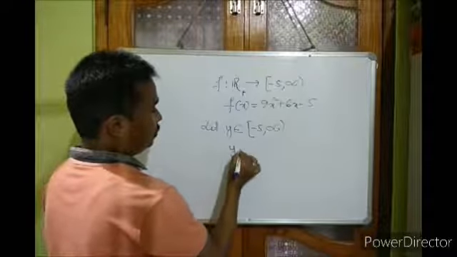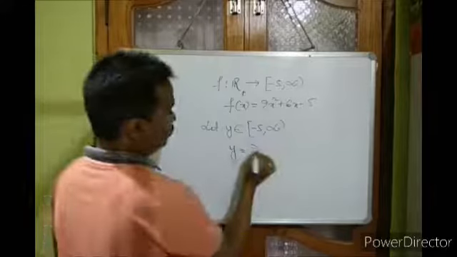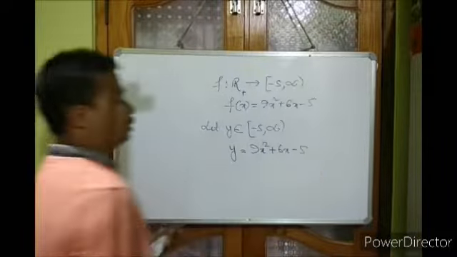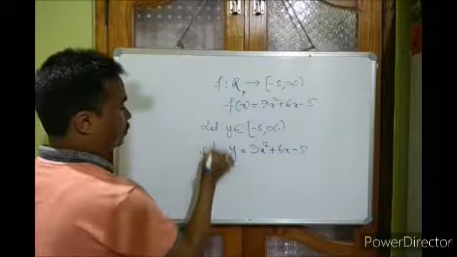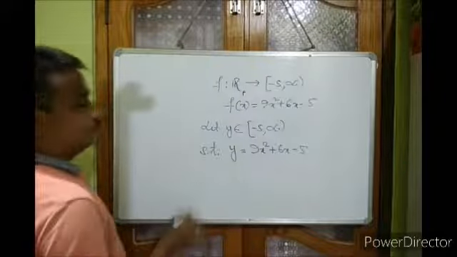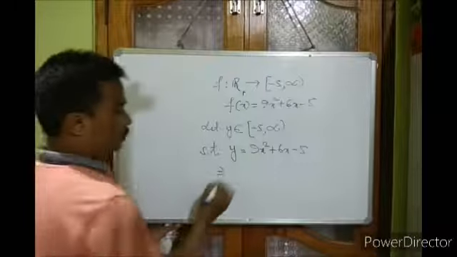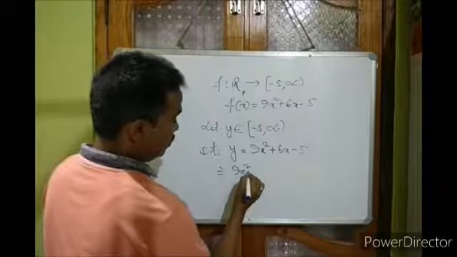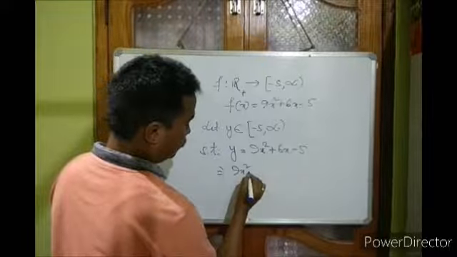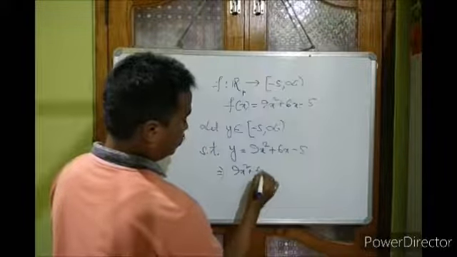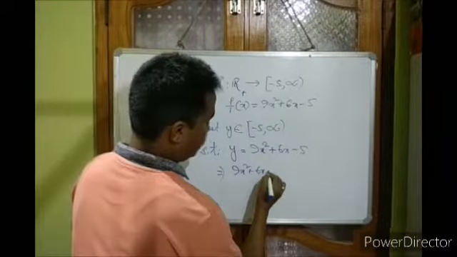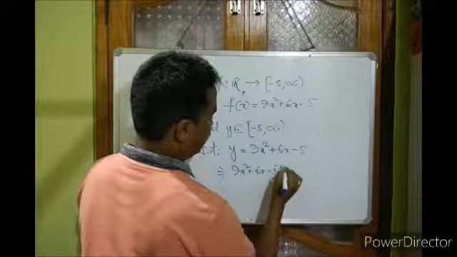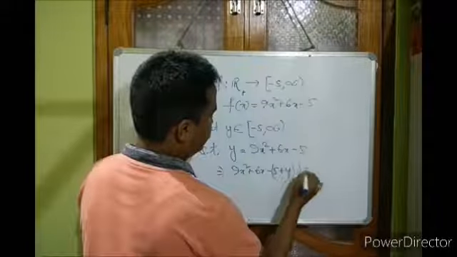Therefore y is equal to 9x square plus 6x minus 5, which implies 9x square plus 6x minus 5 plus y is equal to 0.